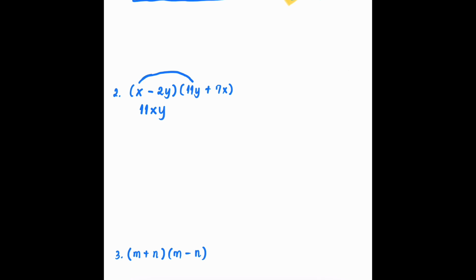So we have x multiplied by positive 7x, so that gives us positive 7x squared. Next, inner terms. So we have negative 2y multiplied by positive 11y, so that's going to give us negative 22y squared. And for the last terms, we have negative 2y multiplied by positive 7x, so that's going to give us negative 14xy.